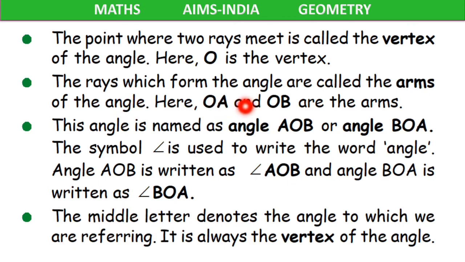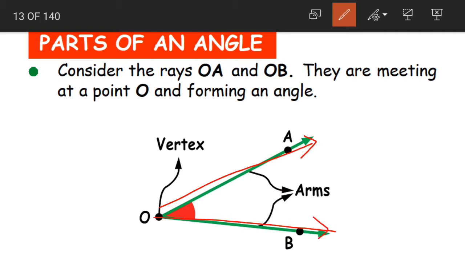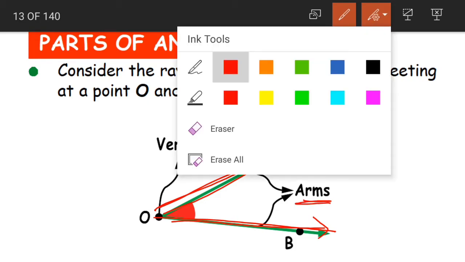Now the rays which form the angle are called the arms of the angle. Here OA and OB are the arms. Now we are having two rays, right? The rays OA and OB are forming an angle. So these two rays are called the arms of the angle.